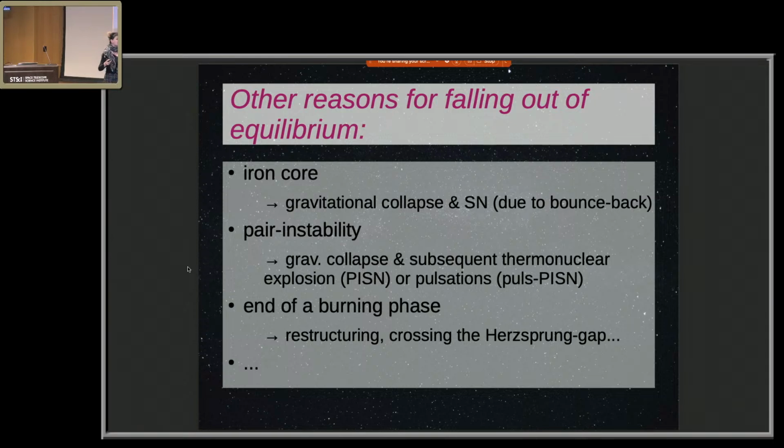So basically, gravity wins and the star collapses. That's another time the star falls out of equilibrium. And we have the pair instability process, which I'm not going to explain now. So there are various phases of the star's life when the equilibrium is compromised. One is the Eddington limit.